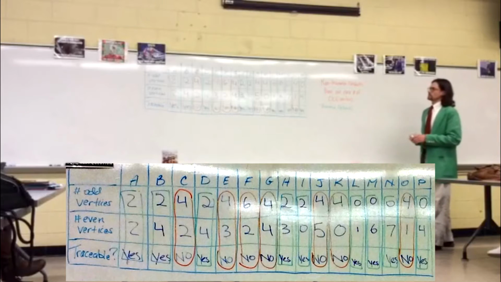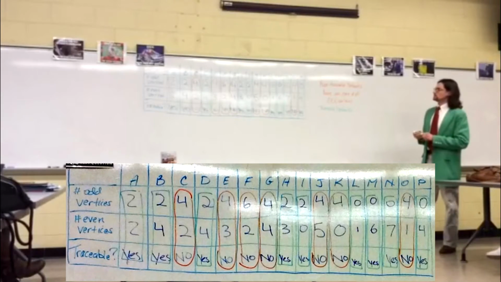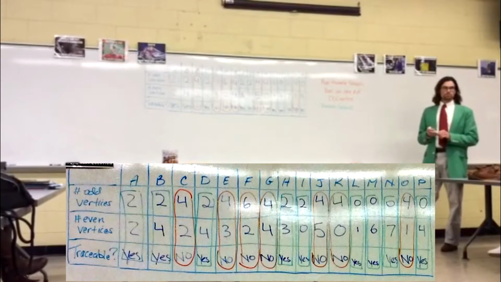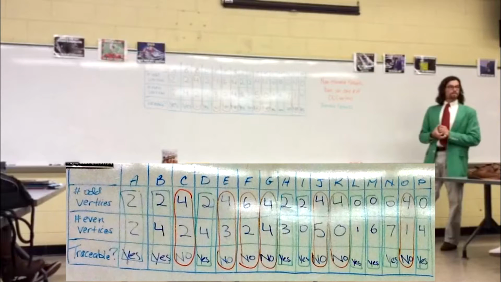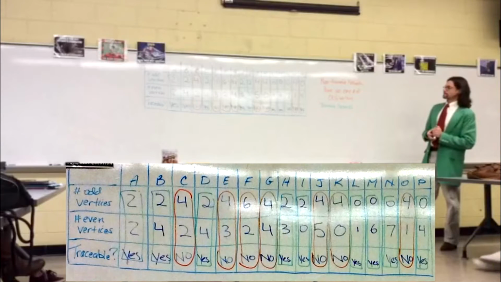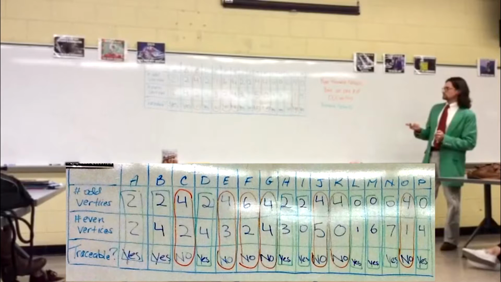So again, nothing with the even vertices. What about the odd vertices? It's 0 or 2? So we got zeros and we got 2s and nothing else.